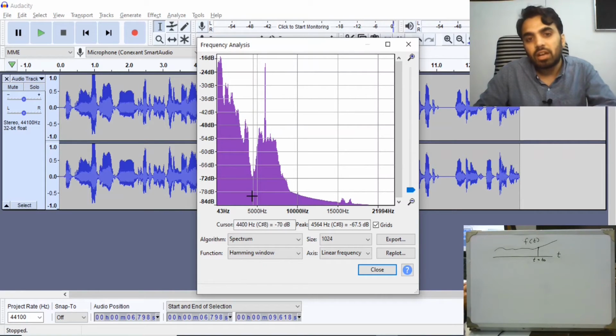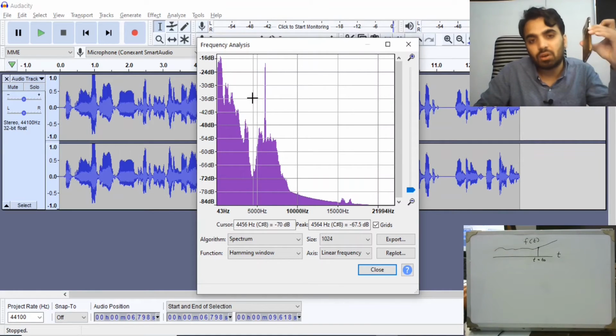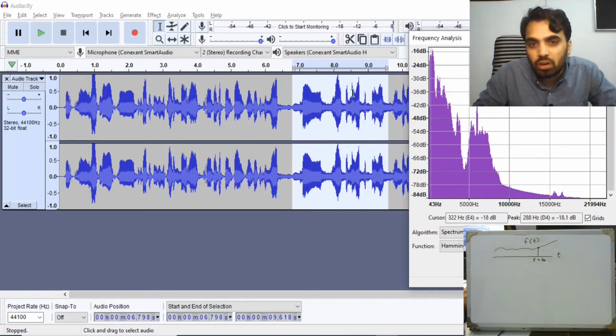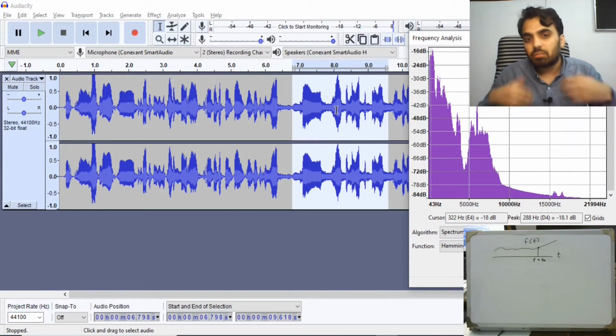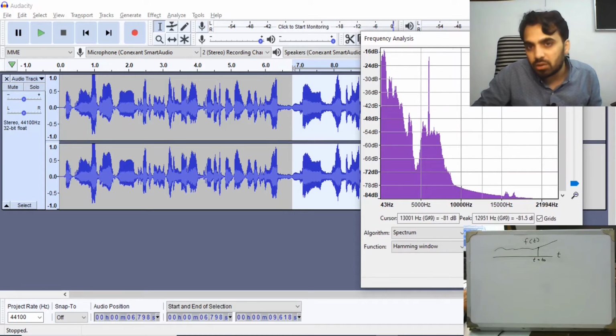But the external sound from my cell phone, which was at 6 kilohertz, is over here, right? So this peak is coming from the external sound. In the time domain, we were unable to distinguish between my own voice and the superimposed signal. But in the frequency domain, we are able to distinguish.